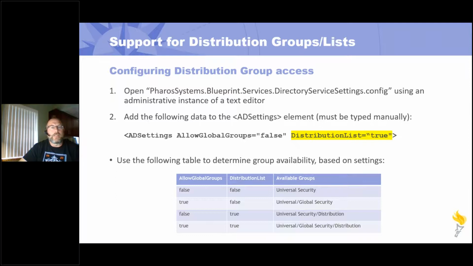If global groups is set to true and distribution list is set to false, then you can use both universal and global security groups. If global groups is set to false and distribution list is set to true, then we can use universal security as well as distribution groups. And if you have allow global groups set to true and distribution list set to true, we can use both universal and global security and distribution groups.